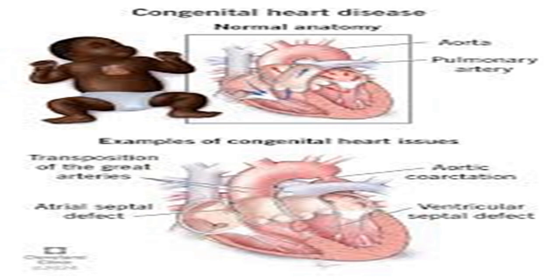Physical examination: doctors may detect a heart murmur or signs of cyanosis during a physical exam of the baby. Echocardiogram: a key tool for diagnosing CHD. This ultrasound test uses sound waves to create detailed images of the heart's structure and function.